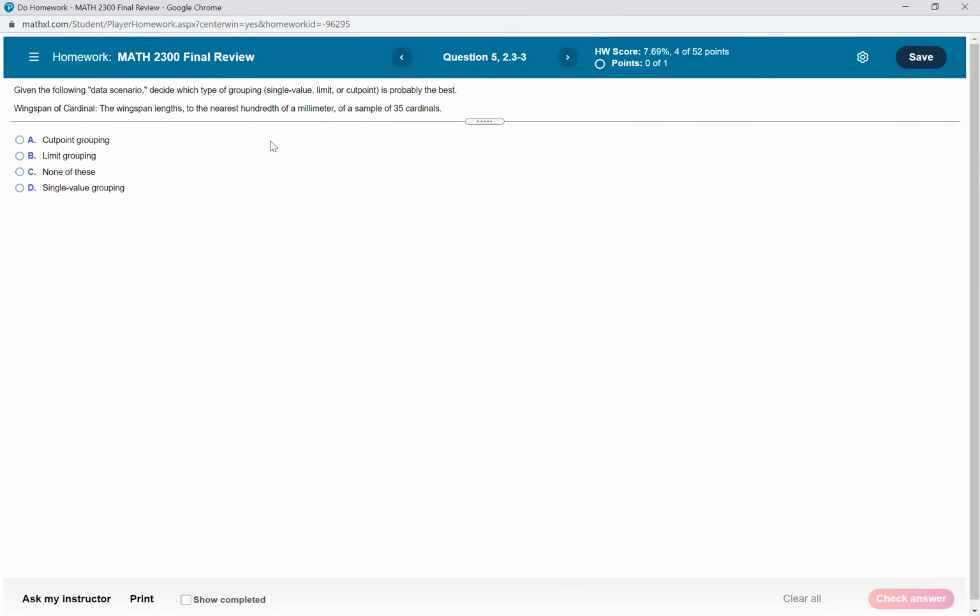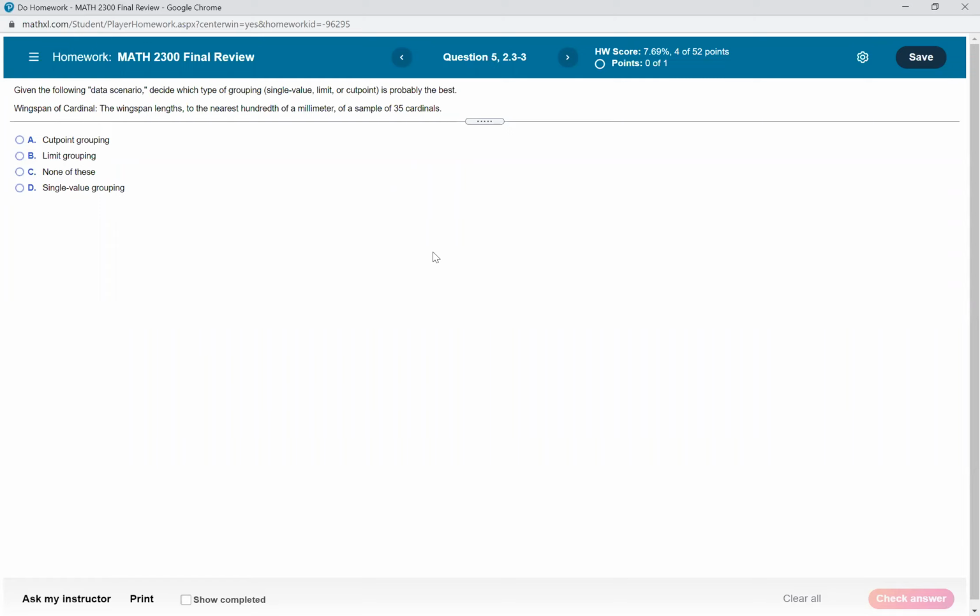Given the following data scenario, decide which type of grouping is probably the best. You need to select the type of grouping. We learned three types of grouping, right? Single valued, limit grouping, or cut point grouping. When we have discrete data, you can use either single value or limit grouping.